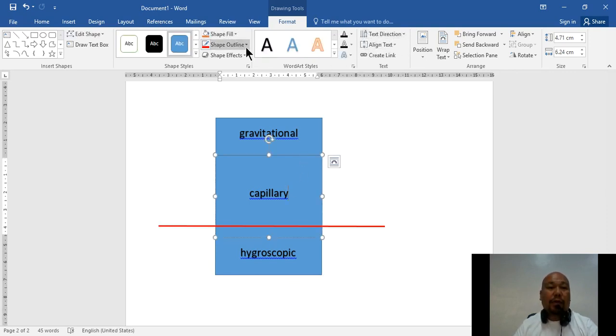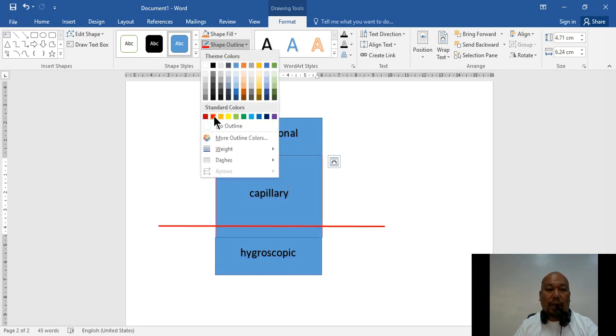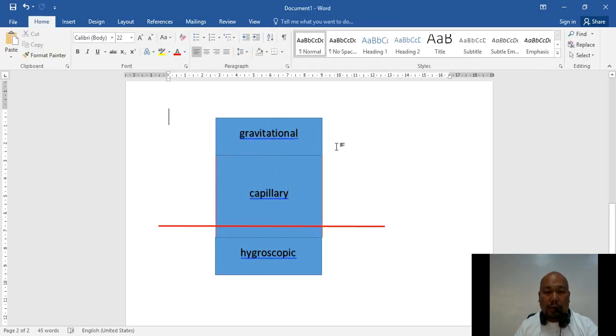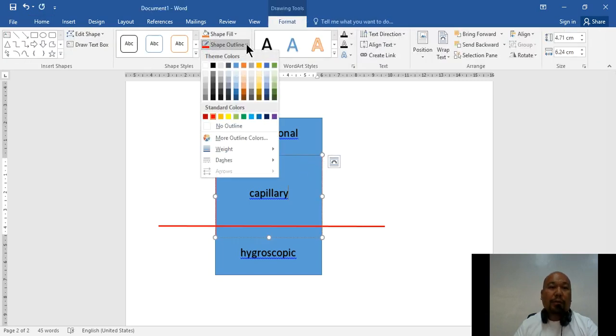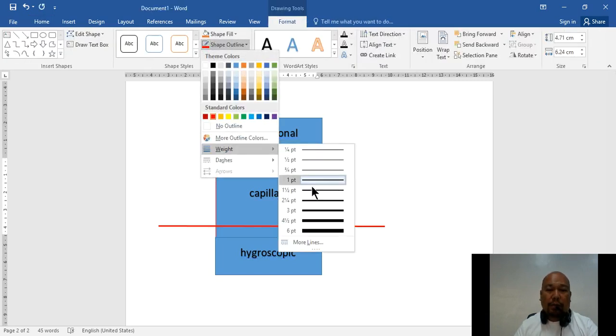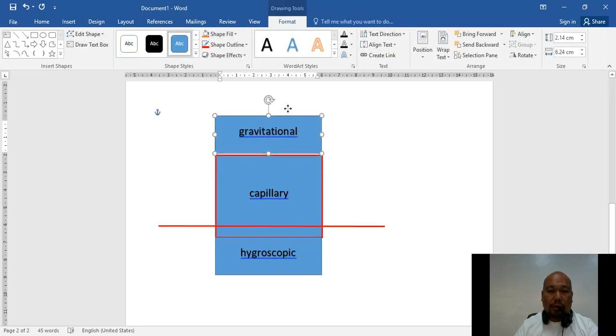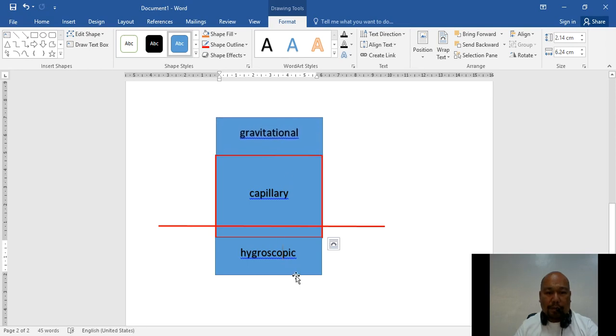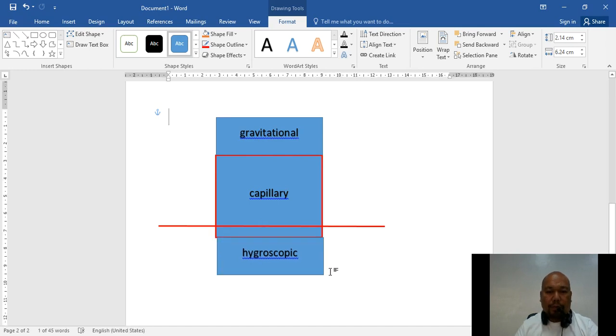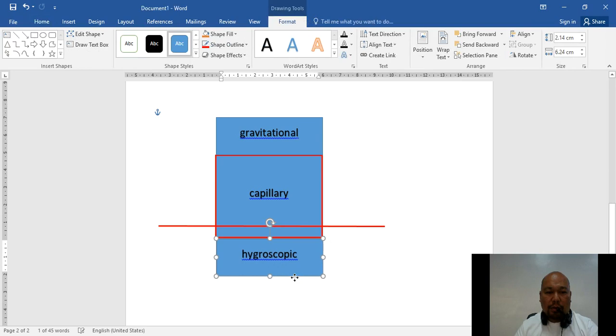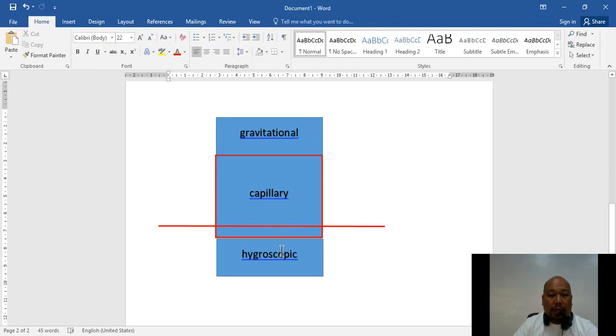So below, this is hygroscopic water, this is capillary water, this is gravitational.